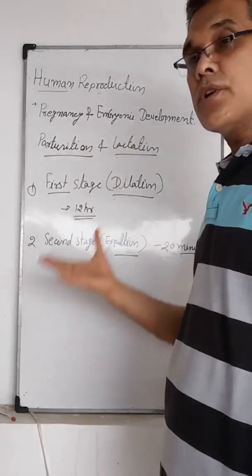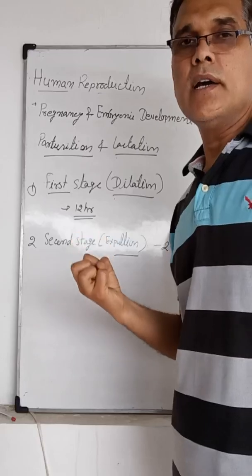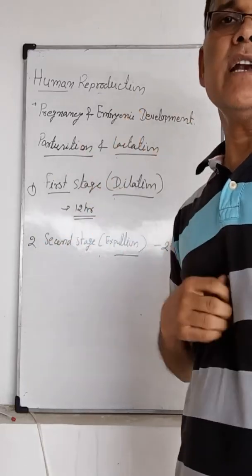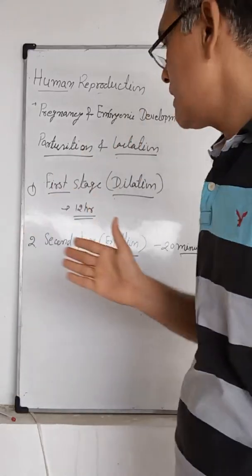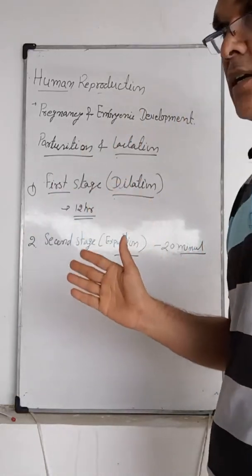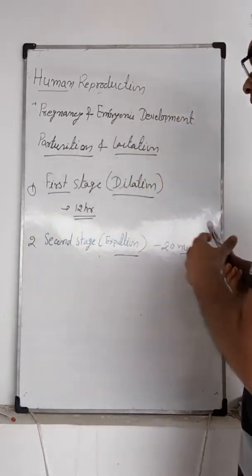During this, the uterine contraction is more powerful, and due to this the delivery of the child occurs through the vagina or cervix, the birth canal, and the removal of the child into the environment. That is known as expulsion.